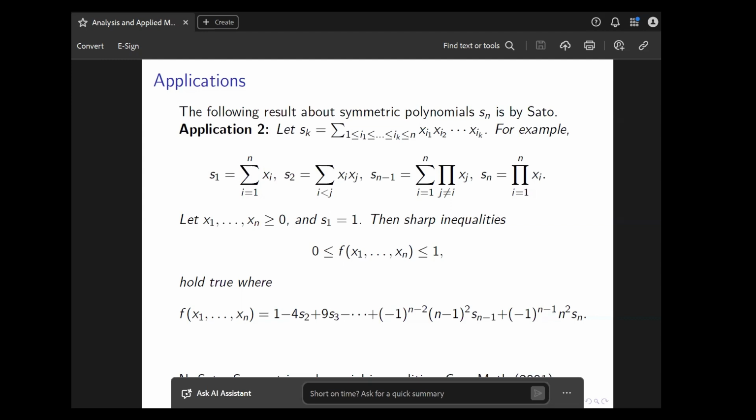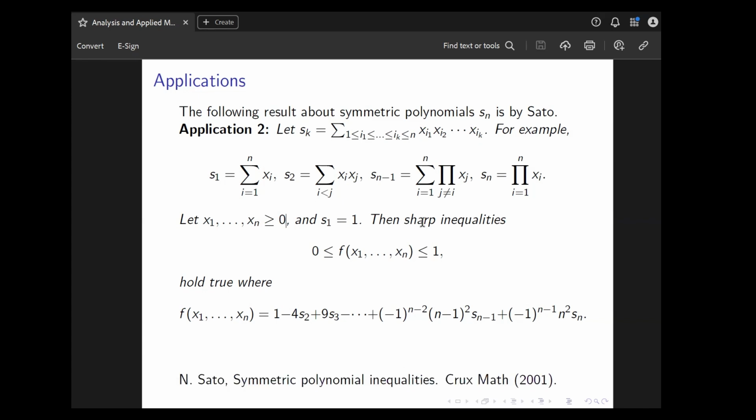He also cites this paper by Sato in Crux Mathematicorum. So Sato proves this interesting inequality that f, which is written here, is between 0 and 1. Very sharp inequality, very interesting inequality.